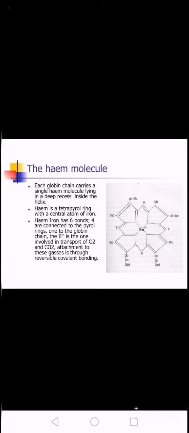Heme is a tetrapyrrole ring with a central atom of iron. In heme, iron has 6 bonds. 4 are connected to the pyrrole rings and one to the globin chain. The 6th is the one involved in the transport of oxygen and CO2, attaching to these gases through reversible covalent bonding.